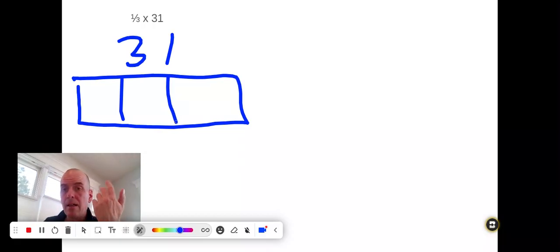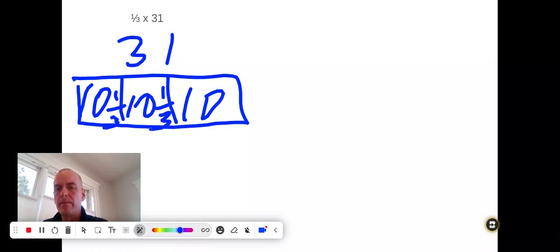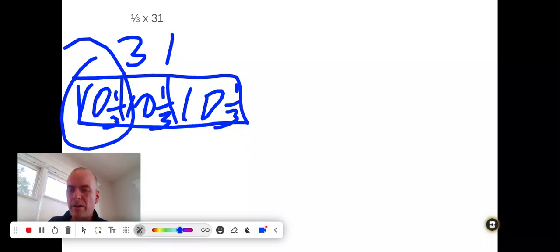Well, if we put 11 in each group, that'd be 33. So we can put 10. Okay, and now I have 1 left over. What's 1 divided by 3? See, that's tricky. 1 divided by 3 is 1/3. And one of those 3 groups is 10 and 1/3.